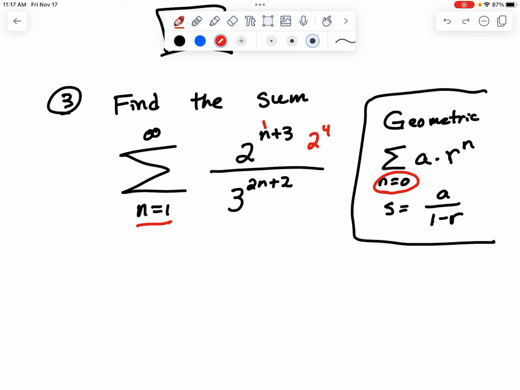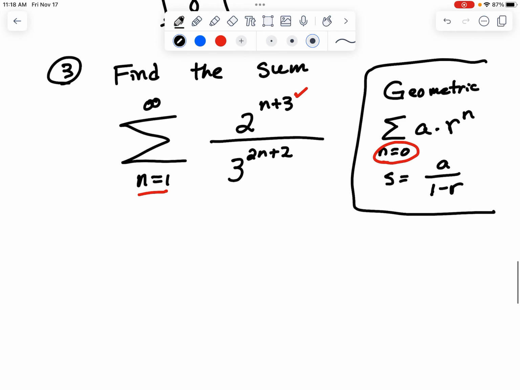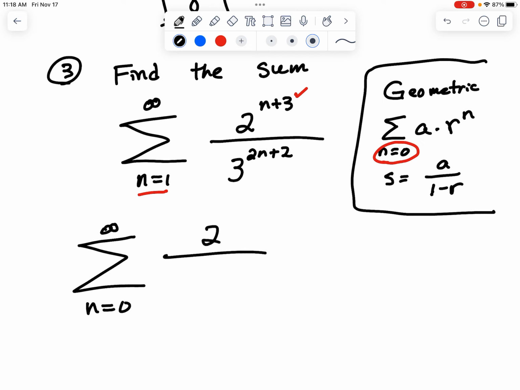So if you're going to subtract 1 here, you need to add 1 here. So I now am going to have it start at n equals 0. And then the top is going to be 2, and then add 1, so it's plus 4.